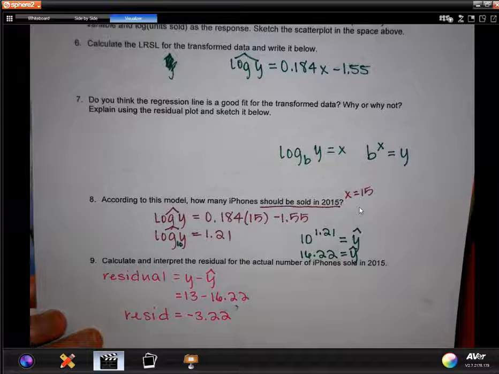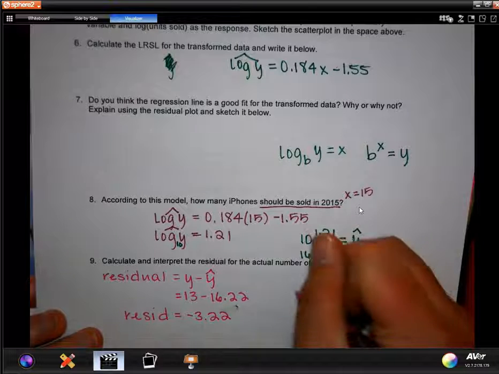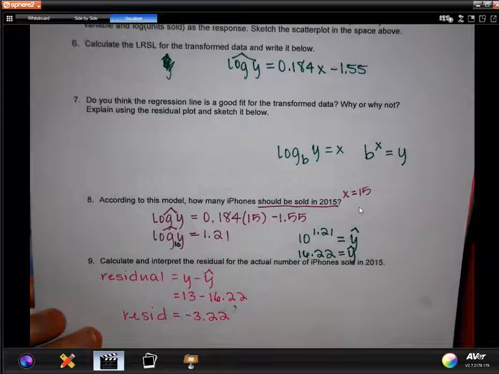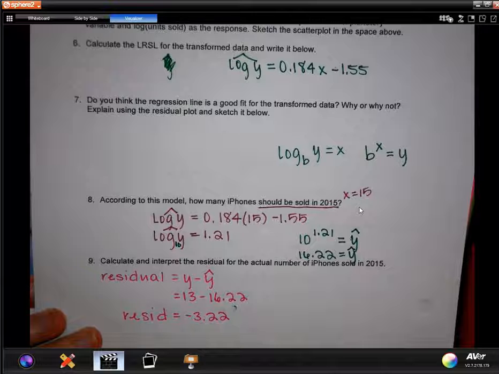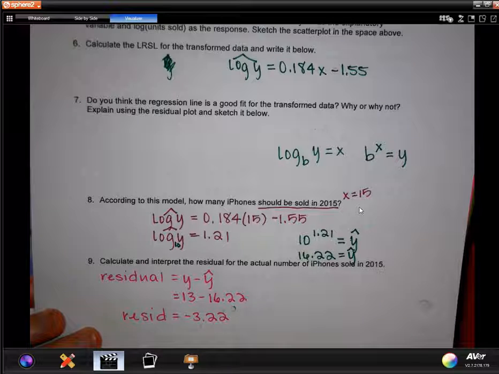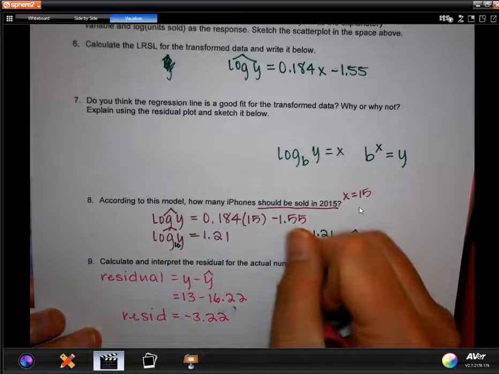Anybody remember how to interpret a residual? How do we do it? You just put it in the context. I said approximately 3.2 million fewer iPhones were sold than predicted in 2015. Now I have to remember how to do it.